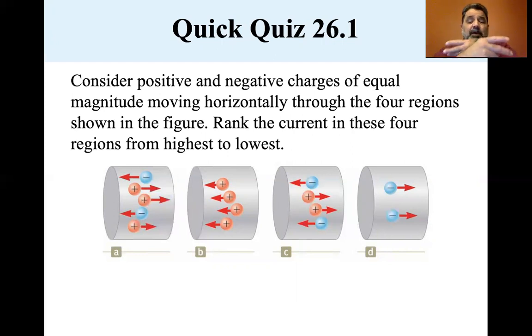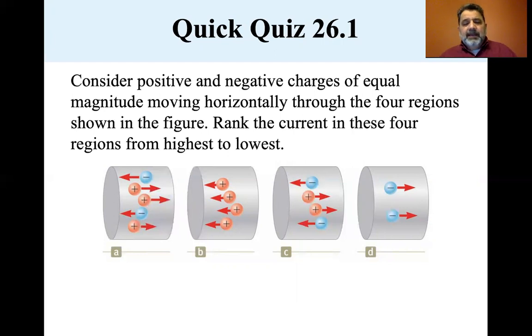Well, 2 negative particles moving in this direction is equivalent to 2 positive particles moving in that direction. So the 3 positive and the 2 negative add up to the equivalent of 5 particles moving to the right.